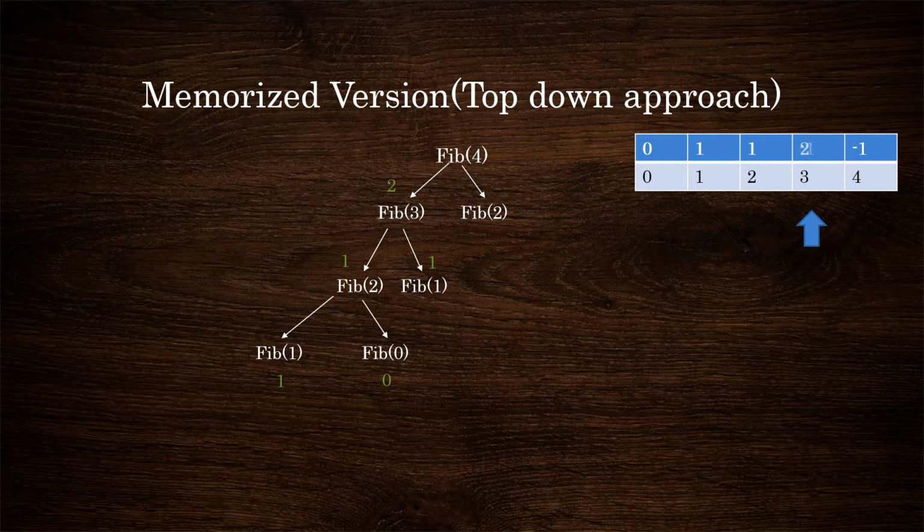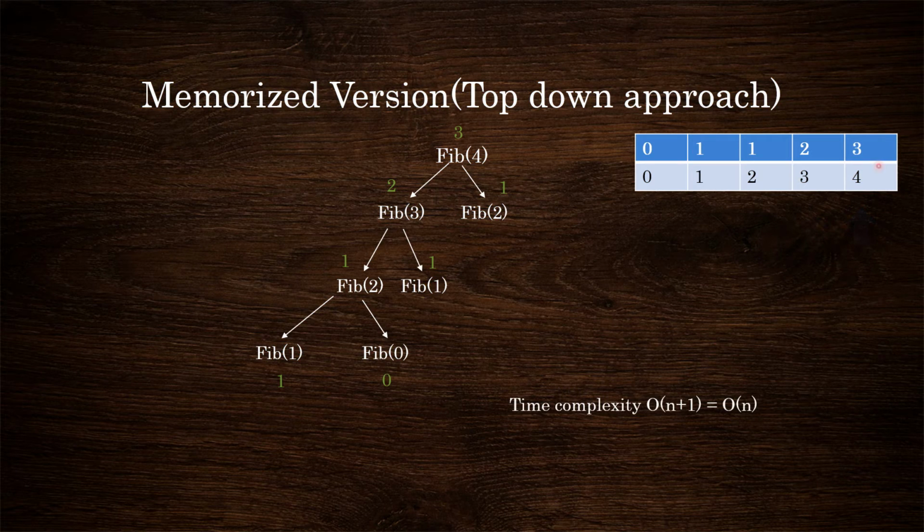Now the interesting part is we have Fibonacci of 2 in the table, so we don't have to expand this part again and again. So we can take this value of Fibonacci of 2 from this array. So we have Fibonacci of 2, which is 1, and by this we get Fibonacci of 4 equals 3, and we update the table.